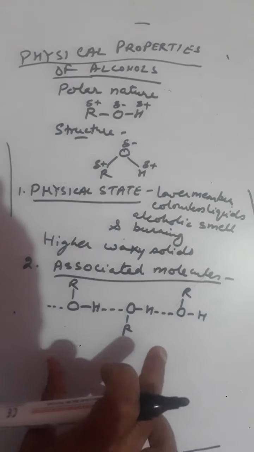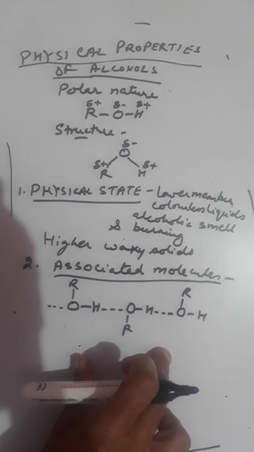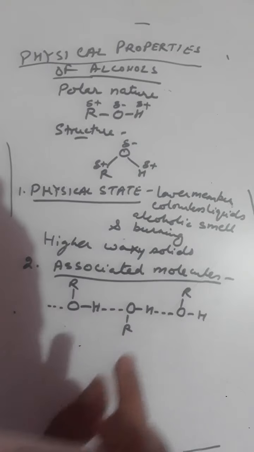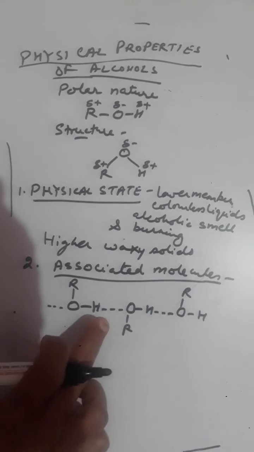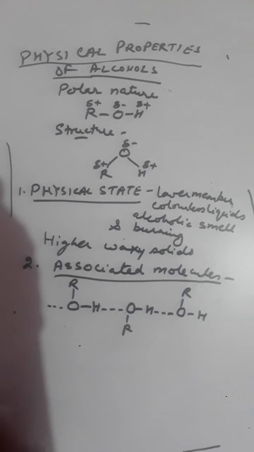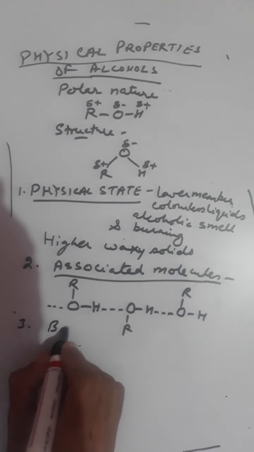They will be not existing as the monomeric molecules, but they are associated molecules because of the extensive intermolecular H bonding. And third property which we will discuss is the boiling point.